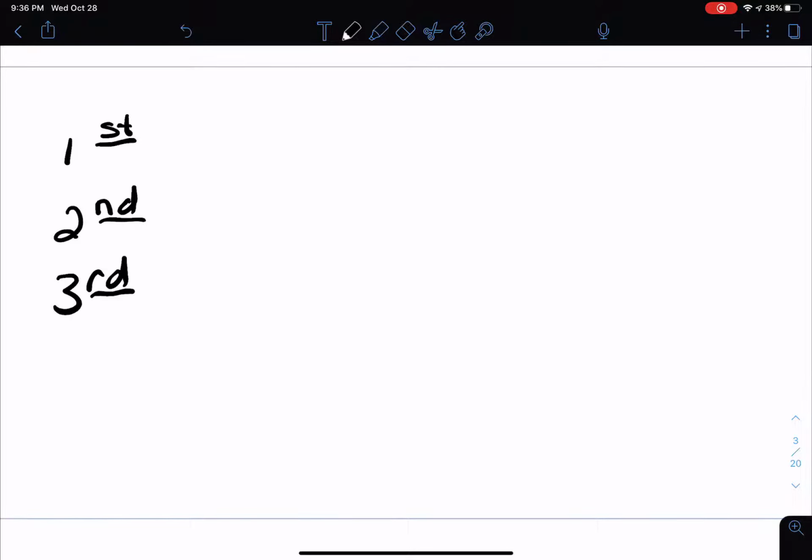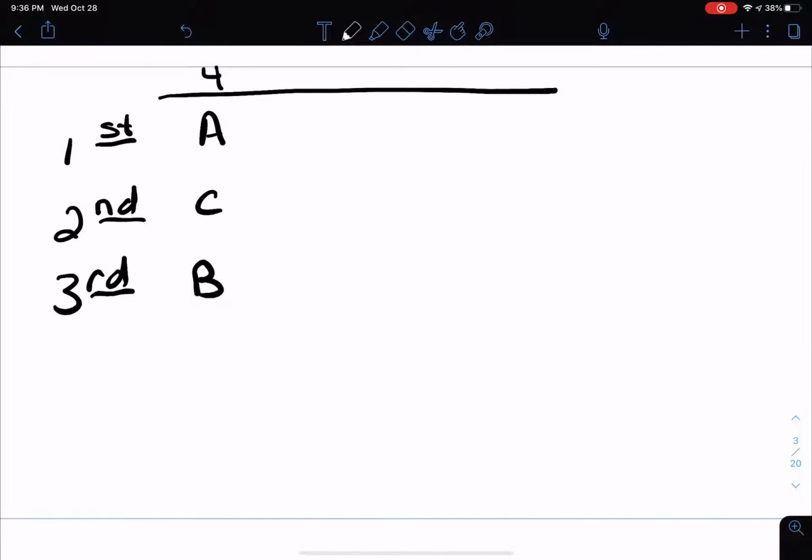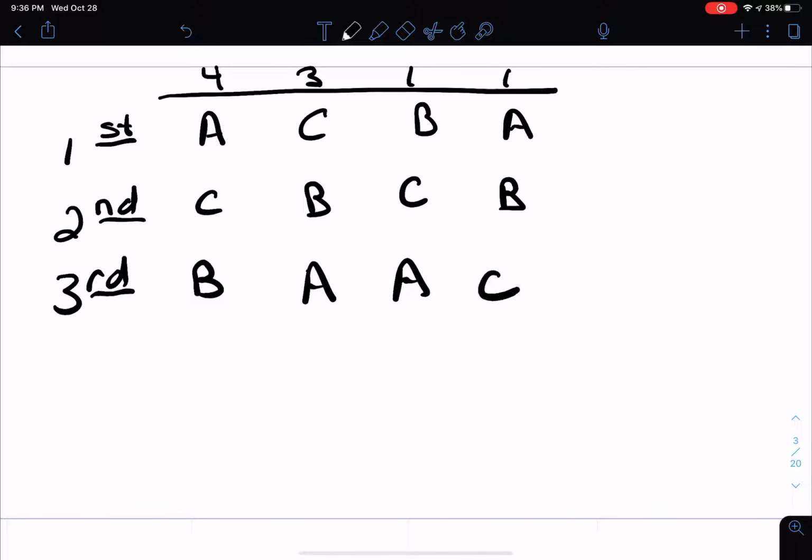You have 4 voters who ranked A, C, and then B. You have 3 voters who ranked C, B, then A. You have 1 who said B first place, C second place, A third place, and you have 1 who said A, B, C. So notice you have 9 voters.